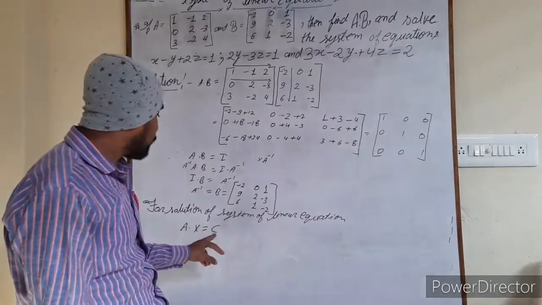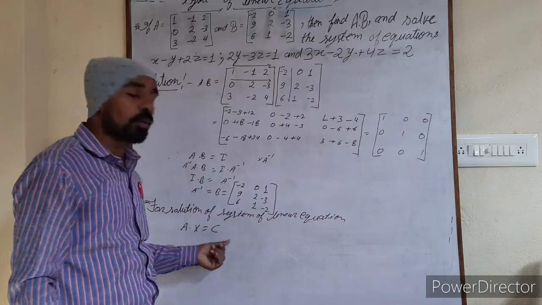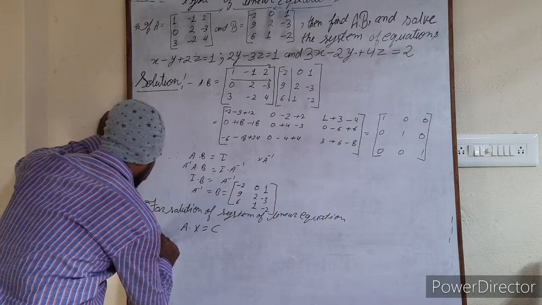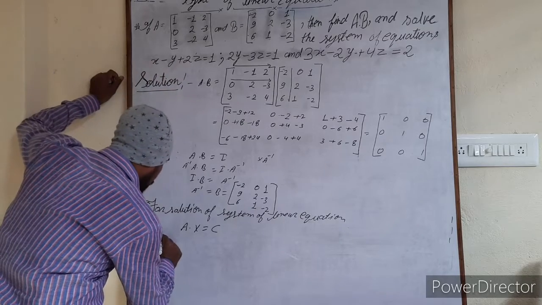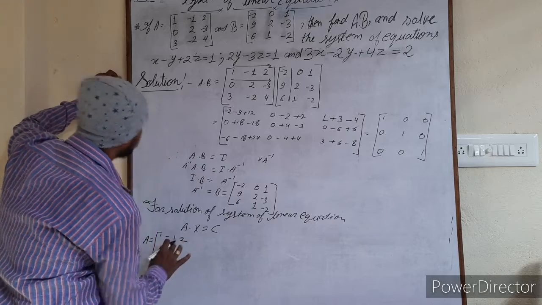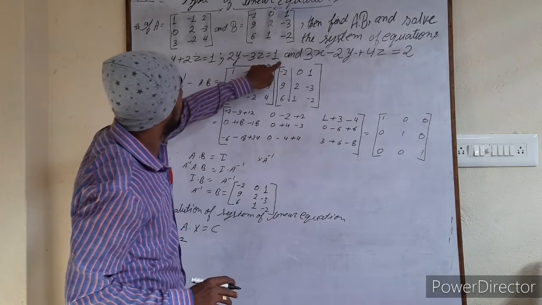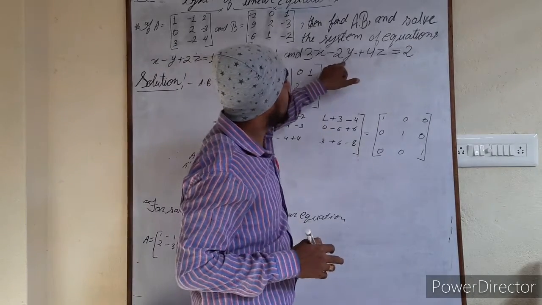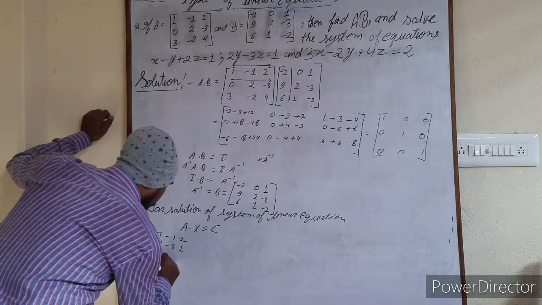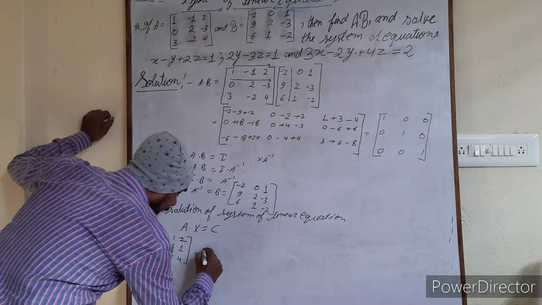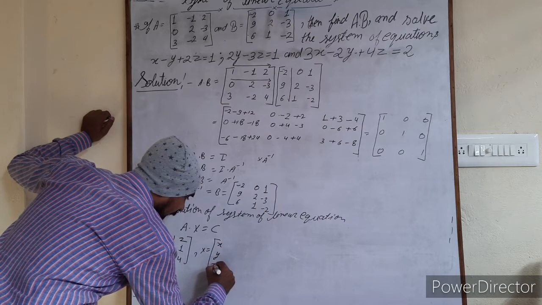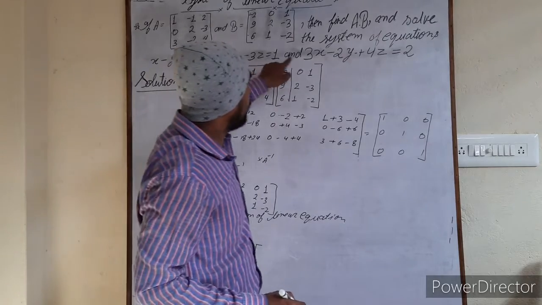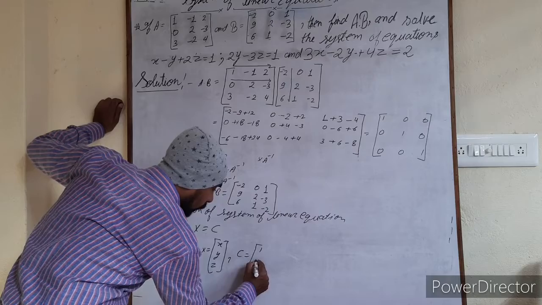So that will be the separate matrix, that's why it has been written as C. Now Ax is equal to C has been mentioned here, for which A will be equal to 1 minus 1 2, then 2 minus 3 1, then 3 minus 2 4, and X is equal to, of course X, Y and Z, and then again C is equal to the constant terms which are 1 1 and 2.